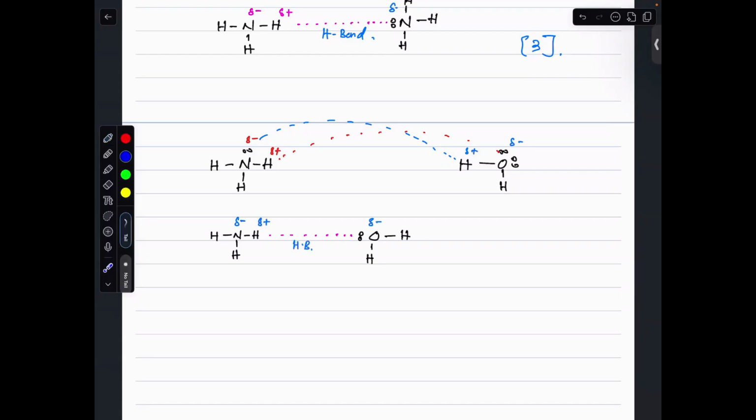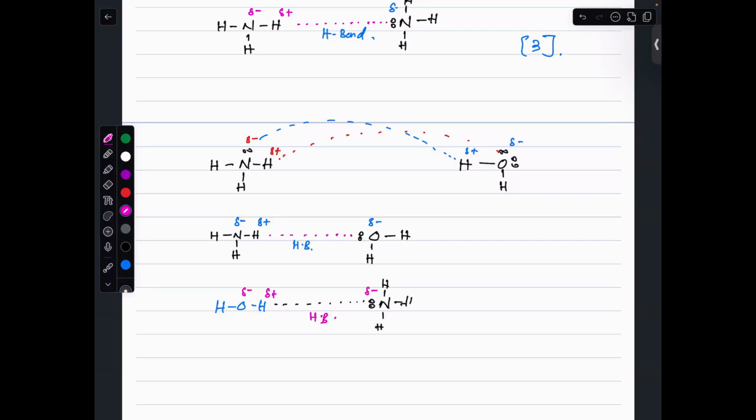Now, another possibility is that the hydrogen of the water attracts the lone pair of the ammonia. Suppose this is water attracting the lone pair of ammonia. Of course, this is partially negative, positive, and partially negative. This is a hydrogen bond.